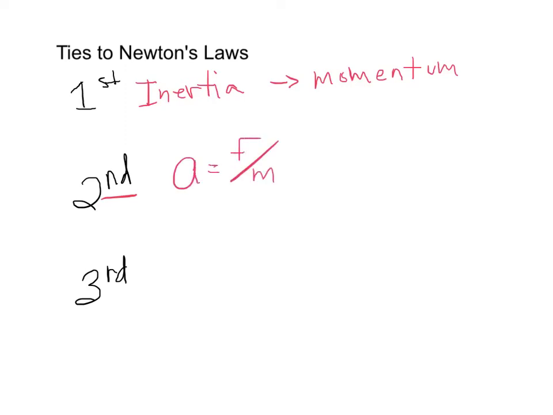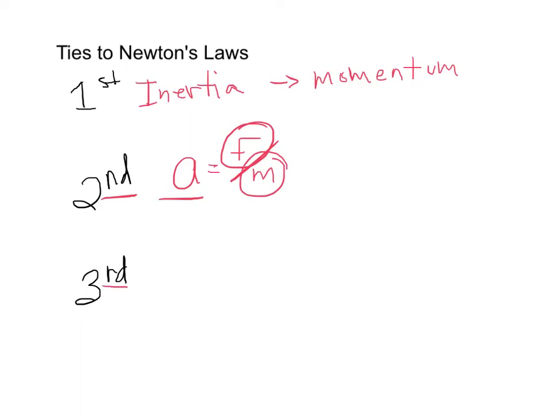Now, this ties into Newton's second law, which says that acceleration is equal to force divided by mass. This ties in directly because as we are looking at an object with momentum, if we are going to be changing that acceleration, we have to apply force, and it requires more force if we have more mass.